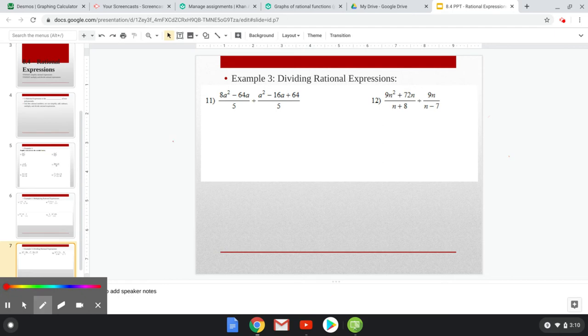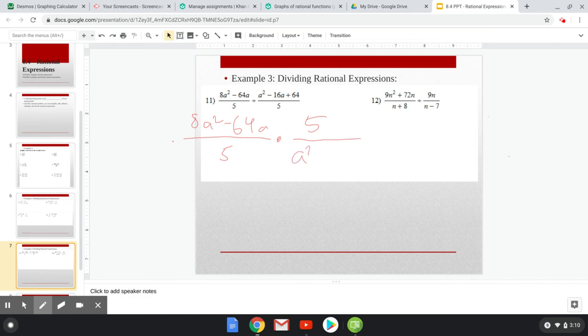So let's start by flipping the first one. So we're going to leave the first fraction alone. This is going to be exactly what it was before. Change division to multiplication.